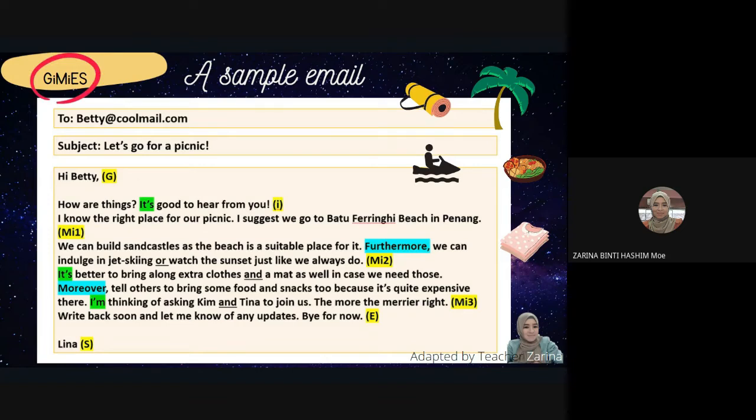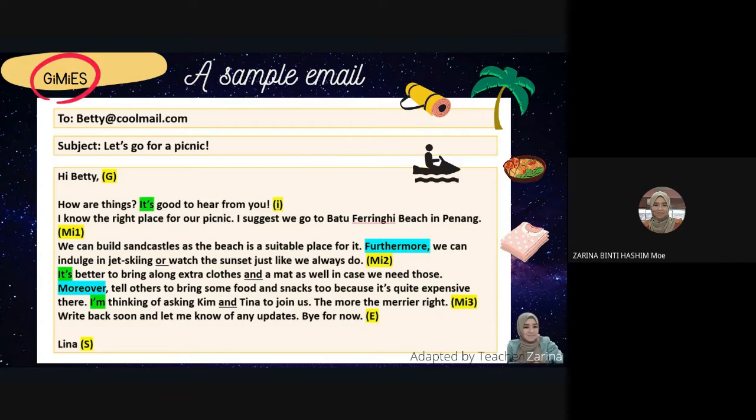Write one sentence before you mention the place. So: I know the right place for our picnic. I suggest we go to Batu Ferringhi Beach in Penang. So you have already answered the first question, where shall we go. You have mentioned Batu Ferringhi. So that is MI1 there.